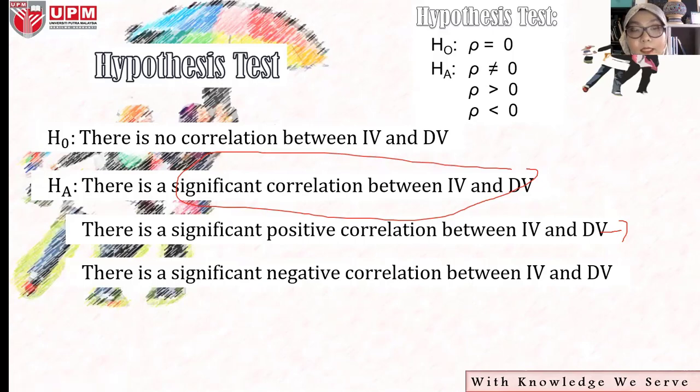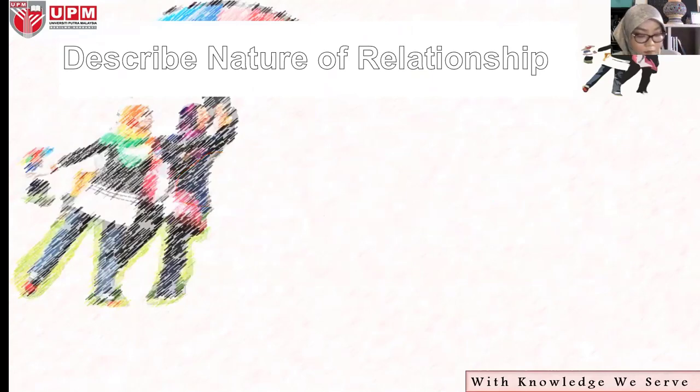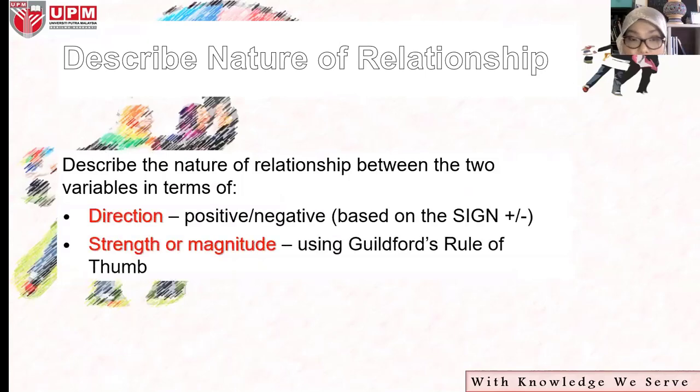This is another one: there is a significant negative correlation between IV and DV. To describe the nature of the relationship between the two variables in terms of direction, either positive or negative, we look at the positive or negative symbol located in front of the result.